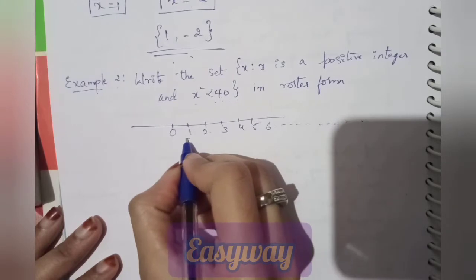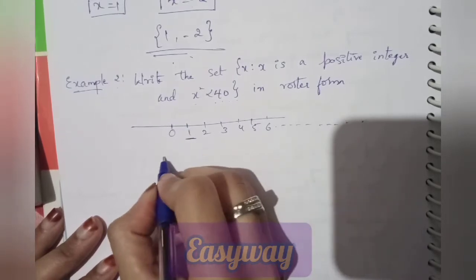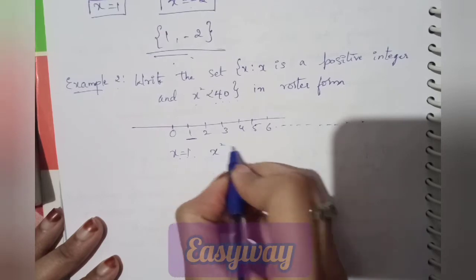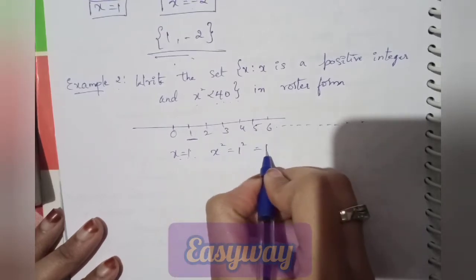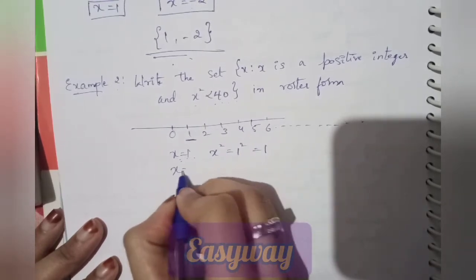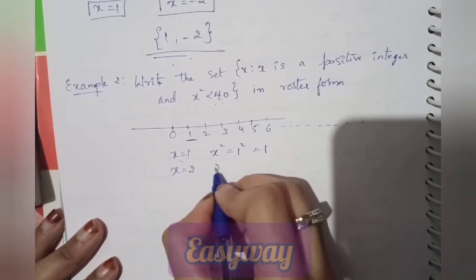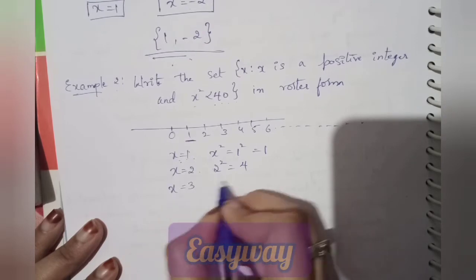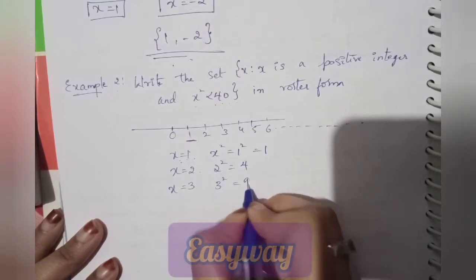So first we will consider x value as 1. If x equals 1, then x square equals 1 square equals 1. If x equals 2, 2 square equals 4. If x equals 3, then 3 square is 9.